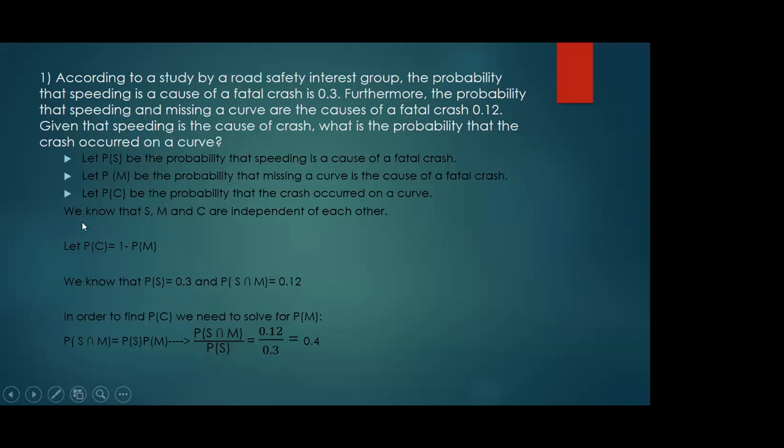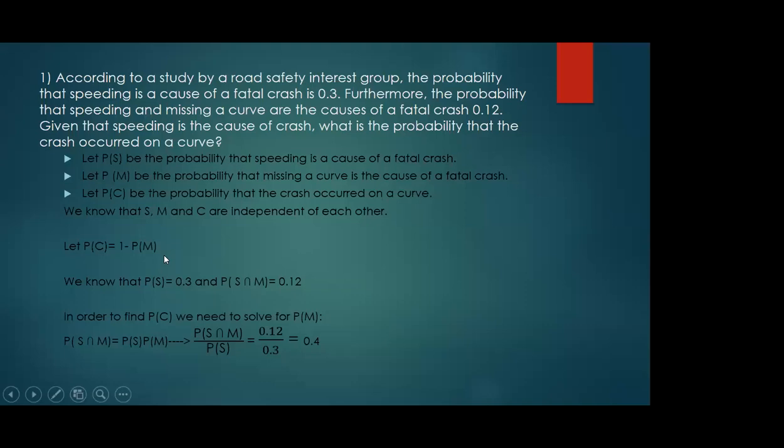So the complement of C would be the probability of M. To find the complement of anything, it's normally 1 minus whatever the complement is. So the probability of C is equal to 1 minus the probability of M.